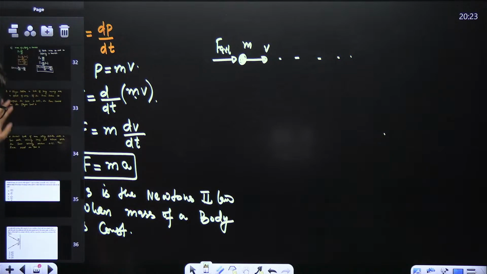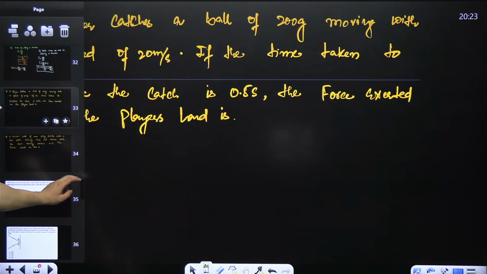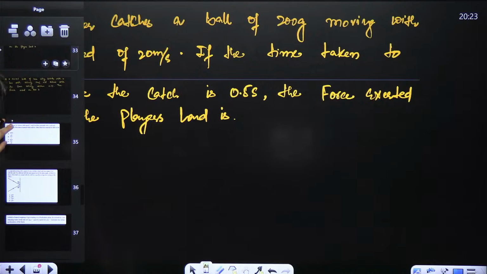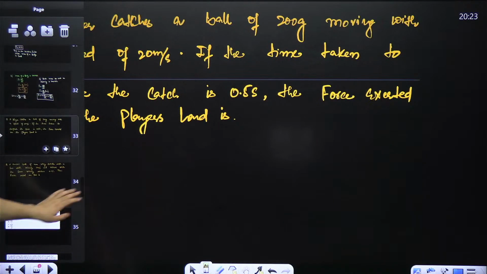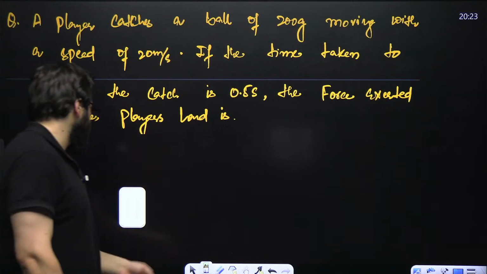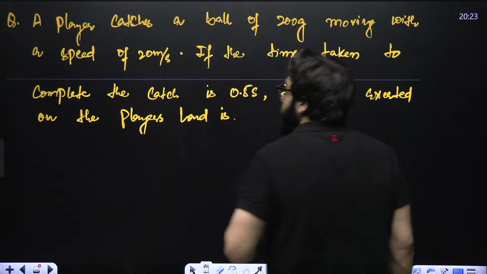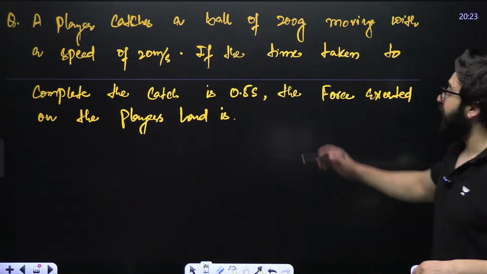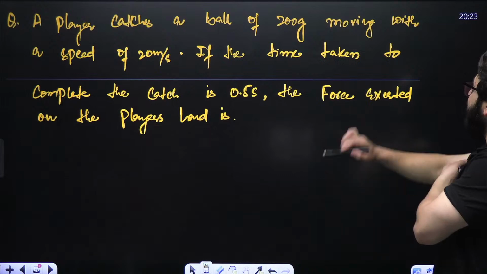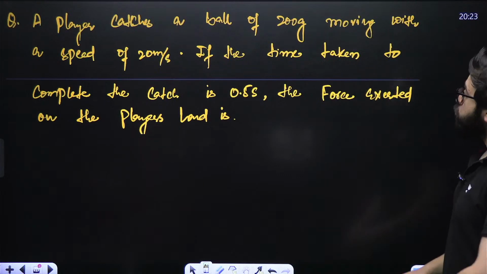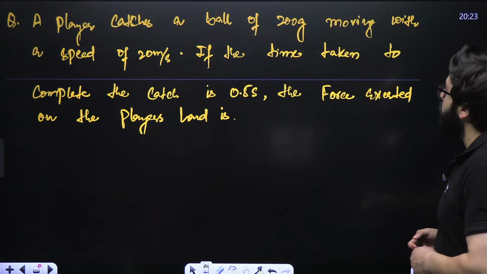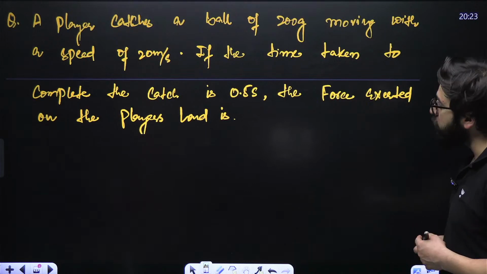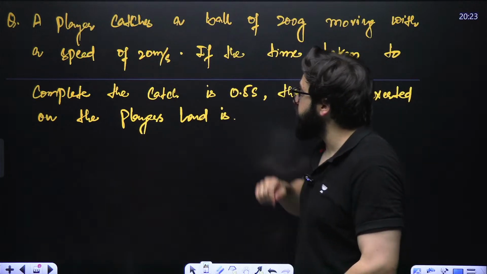Now, let's move on to the questions. We have the first question on the screen. A player catches a ball of 200 gram moving with a speed of 20 meters per second.